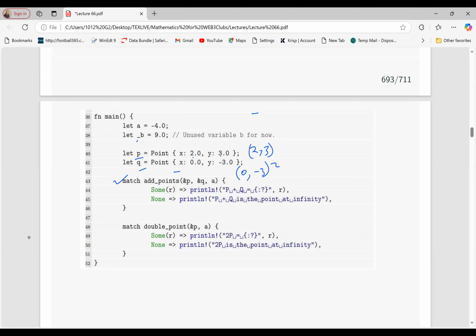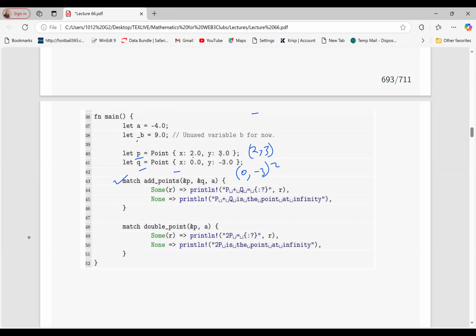This first of all determines if these points are on the curve, because you can be giving it points that are not on the curve and asking it to add. So it begins by identifying whether these points are on the curve, and if they are, it begins to do what you've asked.